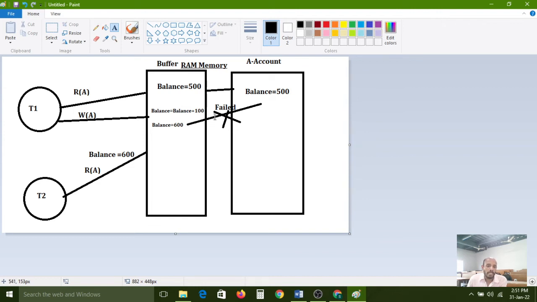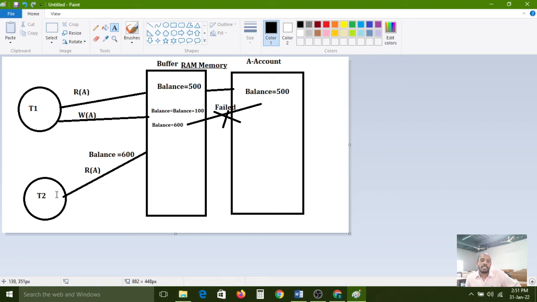But here, the data is not committed by transaction 1. Then T2 is collecting the data from buffer only, nothing but 600. But T1, transaction 1, has failed. Then how much balance do we finally have in A's account? 500 rupees only.